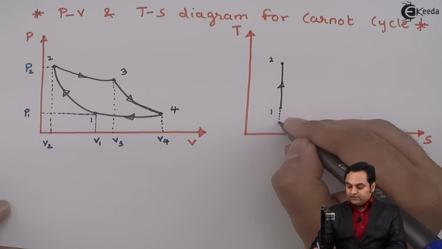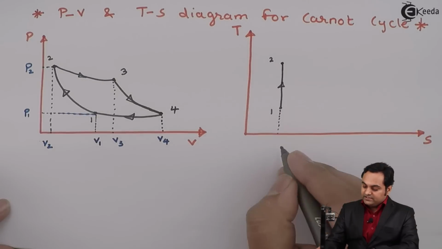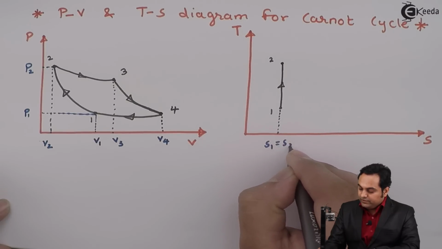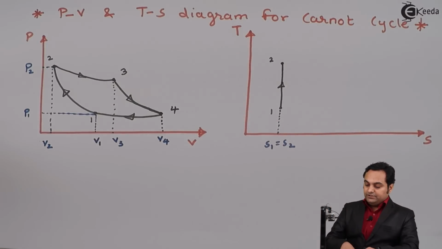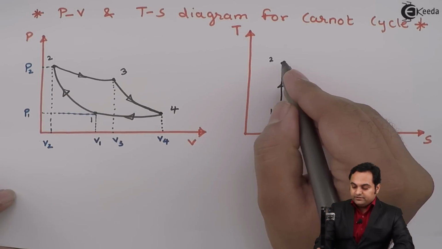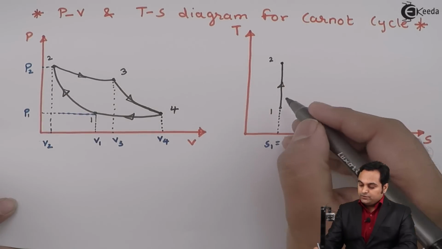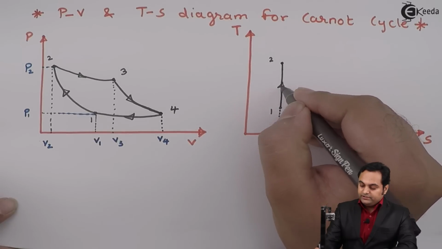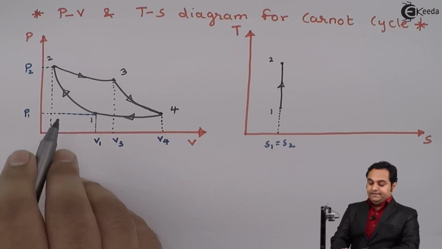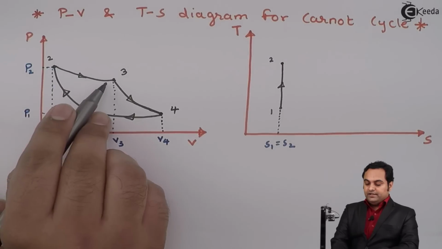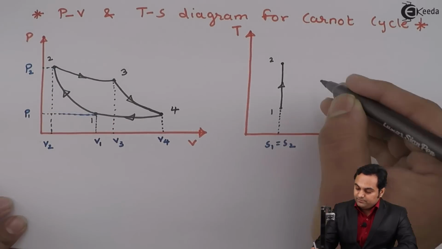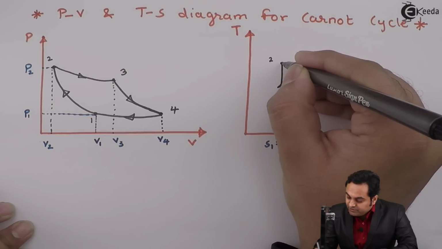So if we see here, the entropy S1 is equal to S2, entropy remains constant, and during compression process pressure increases and even the temperature increases. So here from 1 to 2 the temperature will go on increasing. Next, heat addition is from 2 to 3, and that was isothermal heat addition. So isothermal means temperature should remain constant.